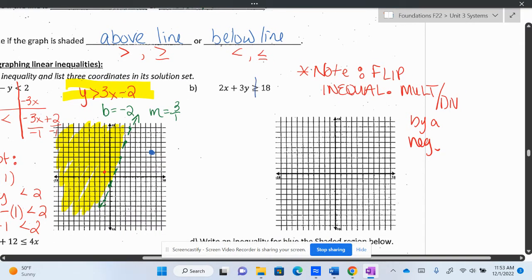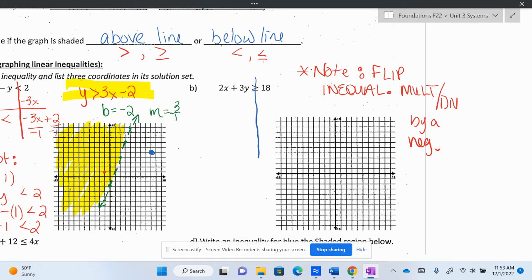I have to solve this for y. So how am I going to get y all by itself? So subtract 2x from both sides. So 3y is greater than or equal to -2x plus 18. What would you like to do now?